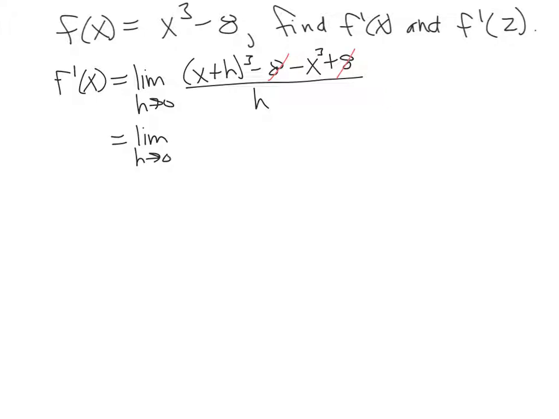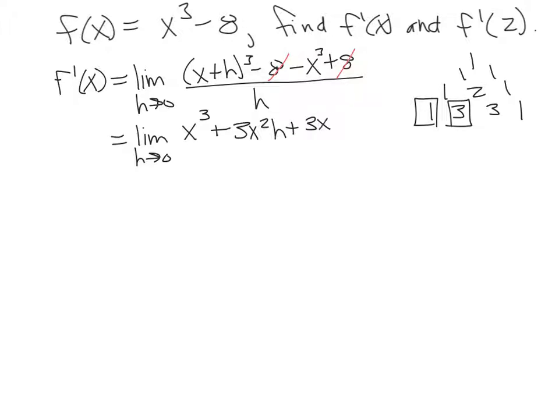So the limit as h approaches 0. At this point, I'm going to have x cubed. And if you've forgotten how to expand this out, don't forget you can use Pascal's triangle to get your coefficients. So we have x cubed with a coefficient of 1. Then we have 3x squared h, using up the coefficient of 3.